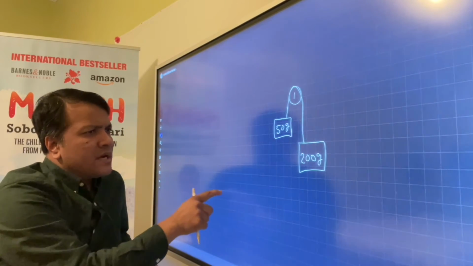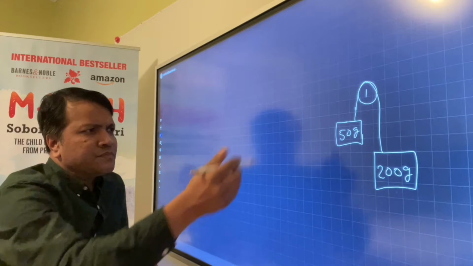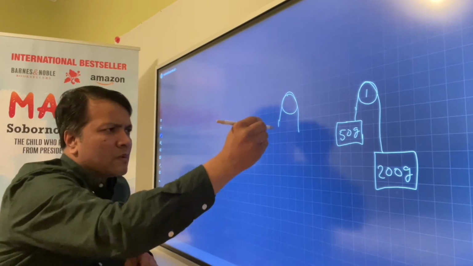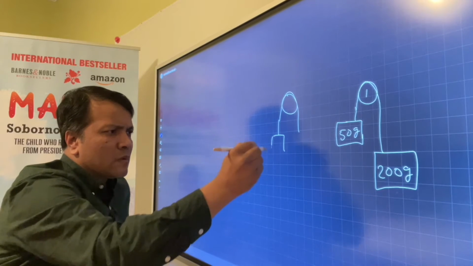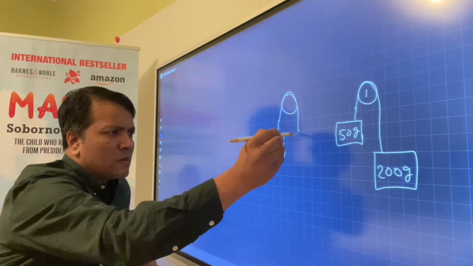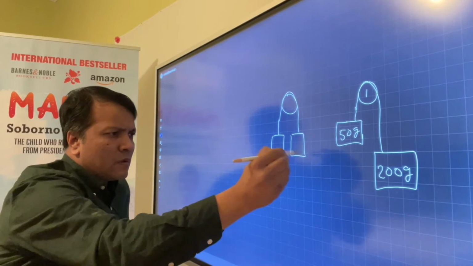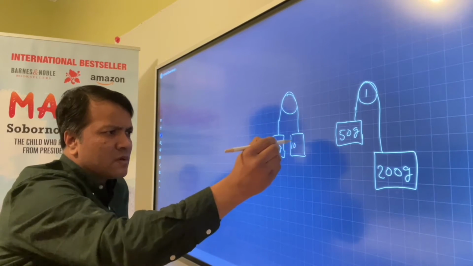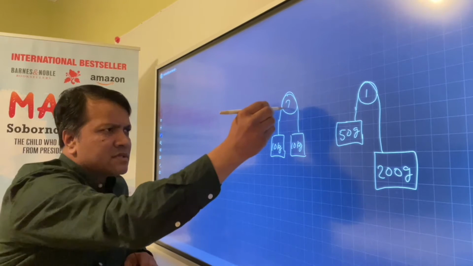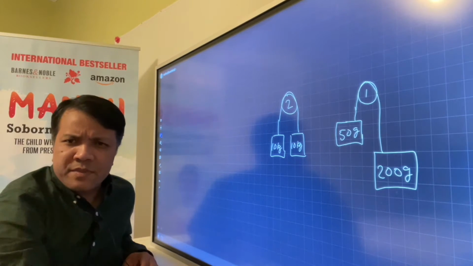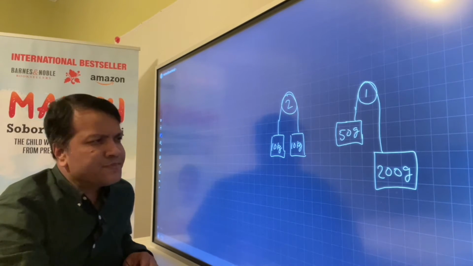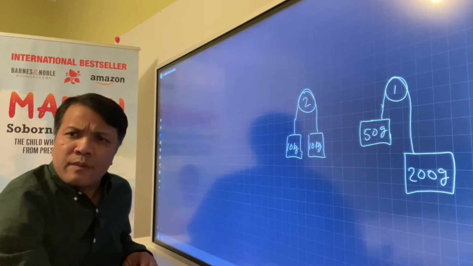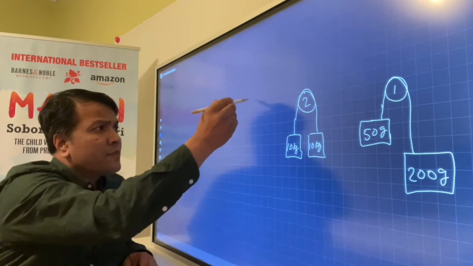Now we're going to draw Atwood machine number 2. This is 10 kilograms. This is also 10 kilograms. This is Atwood machine number 2. Now we're going to draw another scenario.